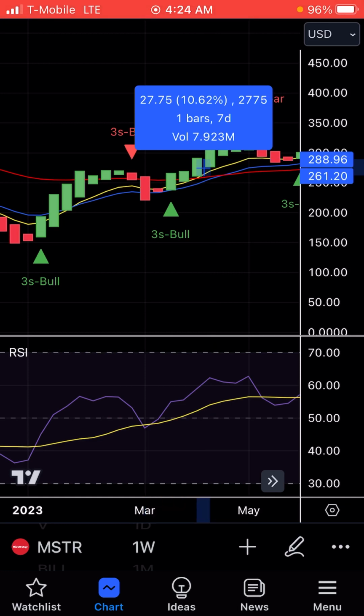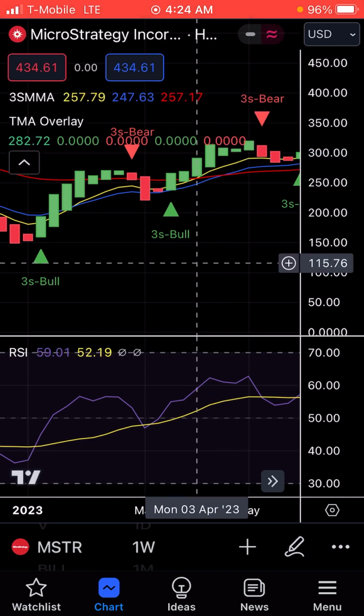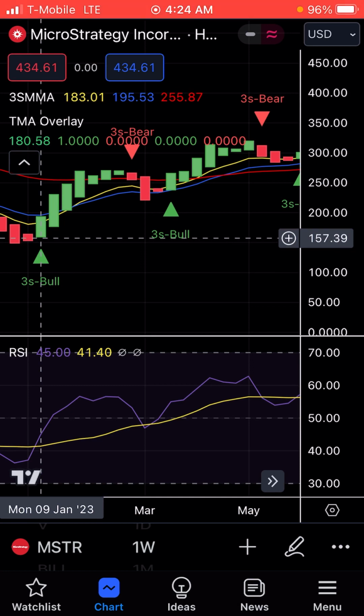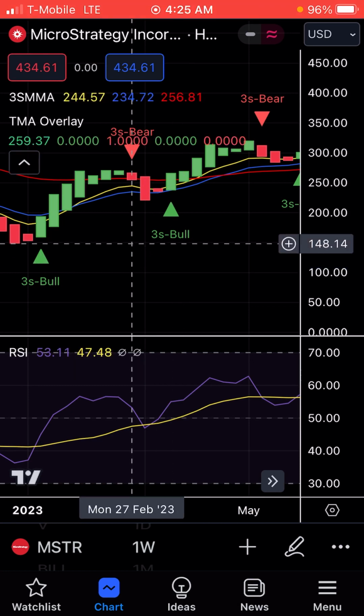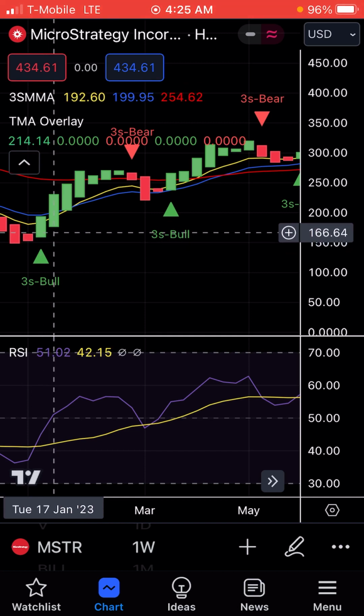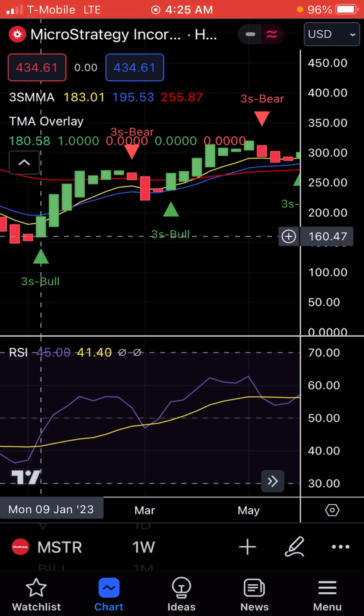Also, on the RSI standpoint, you could have come in down here when the RSI crossed. You got your signals here with the TMA overlay, which signaled a good move right here.